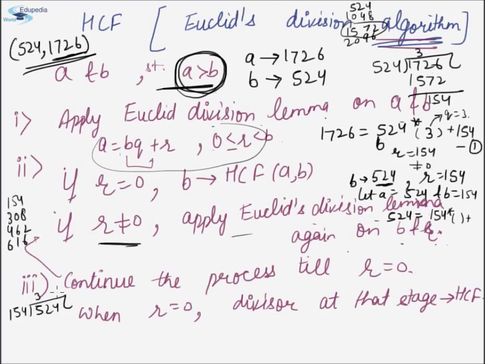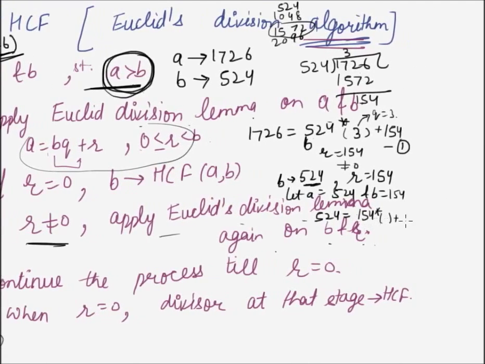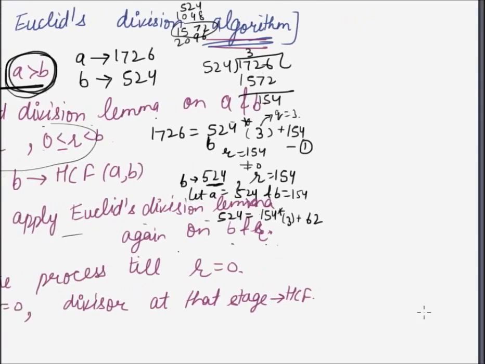So the third multiple will be the required part here, and we will get 62 as the remainder. So again, on applying Euclid's division lemma, we will get 524 = 154 × 3 + 62. Thus the first equation was this, and let us take this as the second equation.